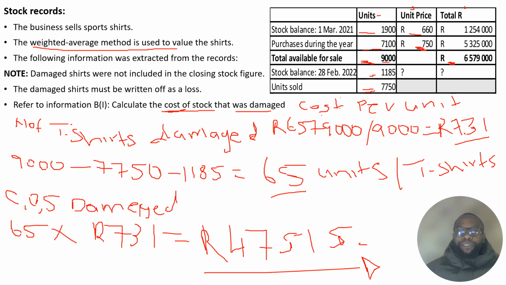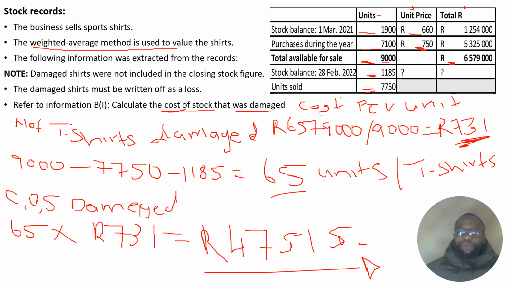What if they asked you to calculate the cost of stock at 28 February 2022? The cost of closing stock, you take the 1,185 and multiply it by 731, which is your closing stock.